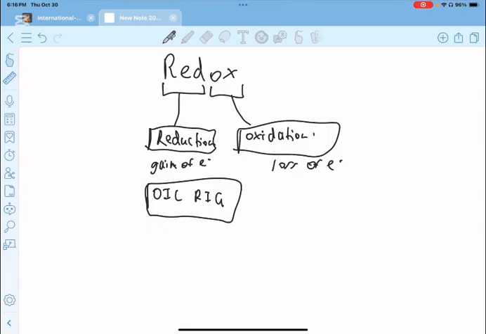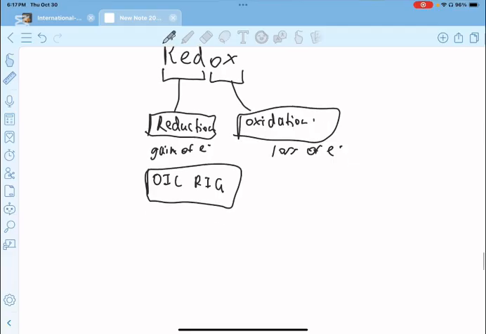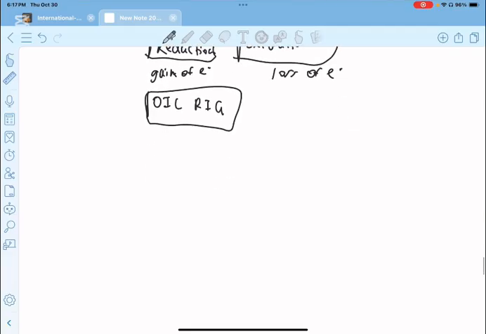It's a way to remember which one is gaining an electron and which one is losing an electron. These might seem like very small things, but in the exam they can give you a 5-mark question about oxidation, and if you think that it's reduction, you might switch it up. So just memorize these.